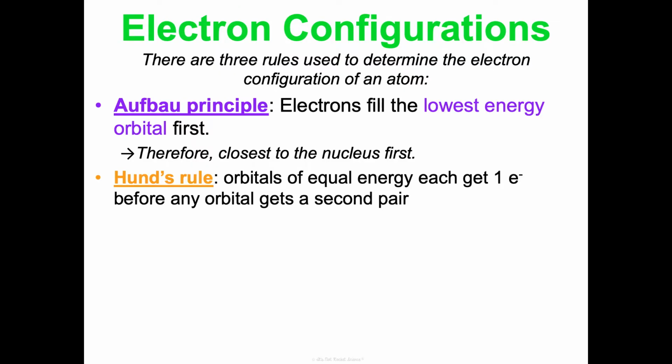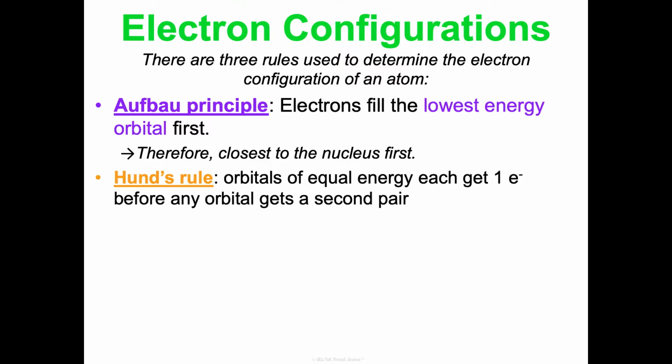Next is Hund's rule. Hund's rule says that orbitals of equal energy each get 1 electron before any orbital gets a second one. If you remember when we were drawing our Lewis structures, I said you needed to draw an electron on each side before you paired any up. This is falling into that.